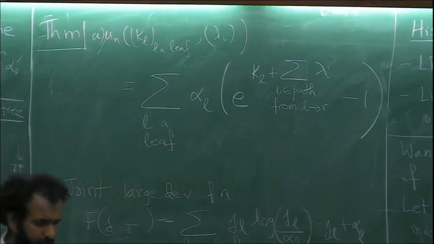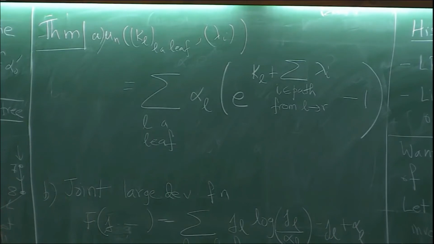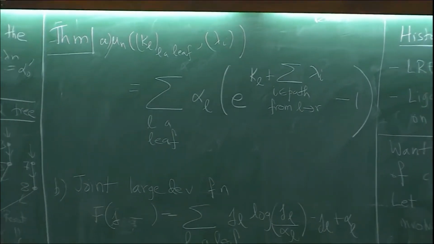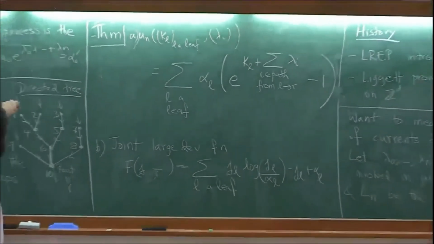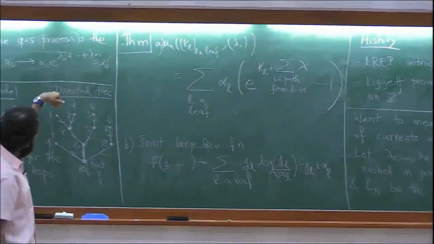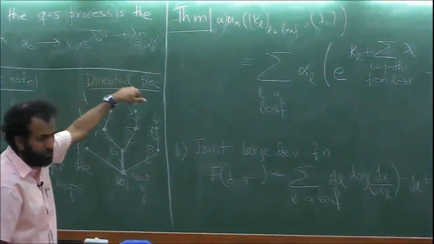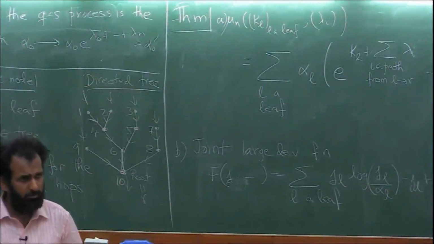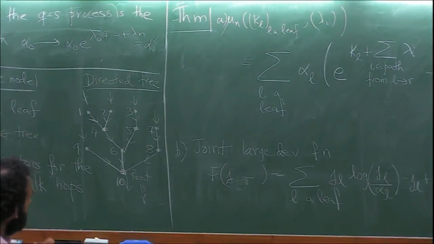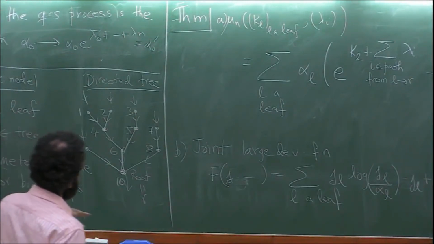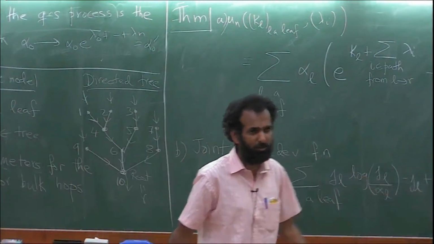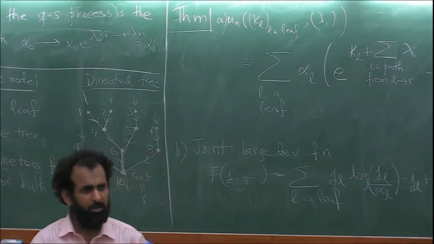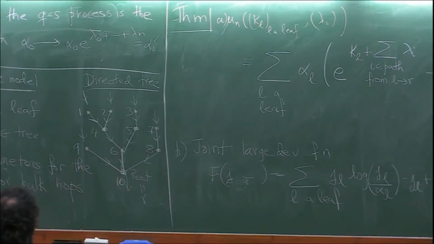Okay. And again, there's a story with the quasi-stationary distribution. One can calculate that the quasi-stationary distribution is the same, except that the currents for all the leaves will be modified. There'll be an alpha prime L for each leaf, which will change the current.